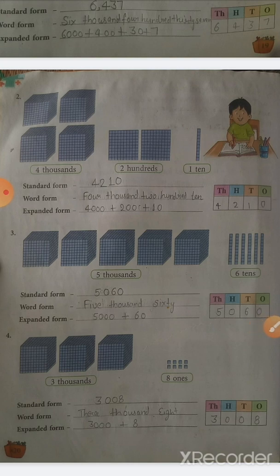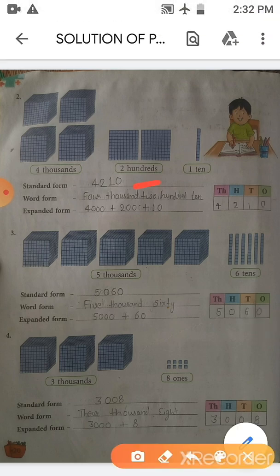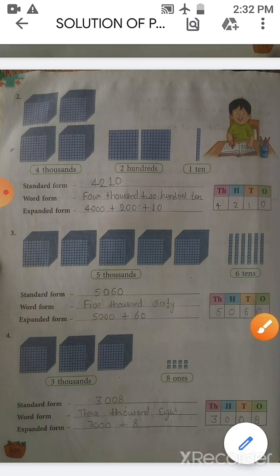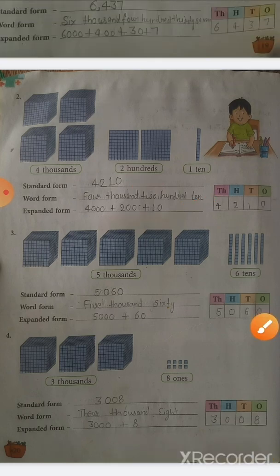So it means the number is 4210, and we have to write it in standard form, word form and expanded form. Okay, so here you can see in standard form 4210, in word form like this, and in expanded form 4000 plus 200 plus 10.